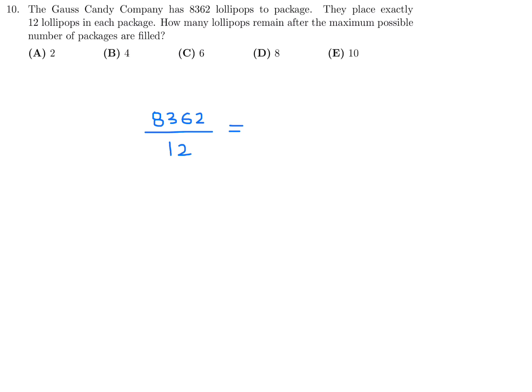That number is 696, but it's not exactly 696. It's 696 with a remainder of 10. So when you package all these, there will be 10 left over that cannot be packaged because each package has to have 12. The answer is 10. So number 10, the answer is 10, and that is choice E.